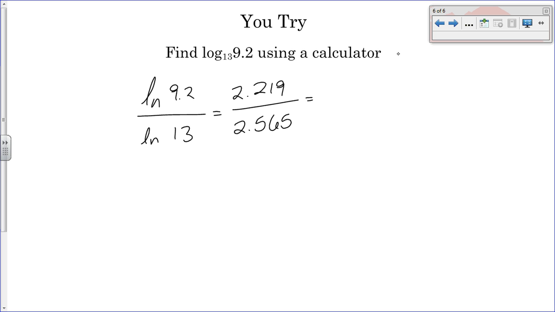You should get 0.865. If you got 0.865, you did it correctly.